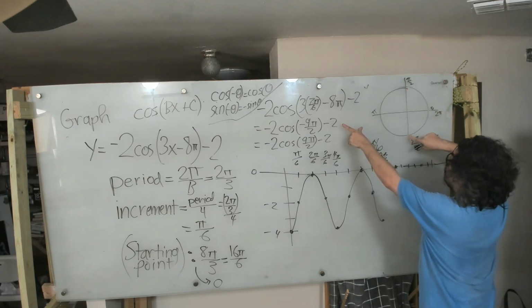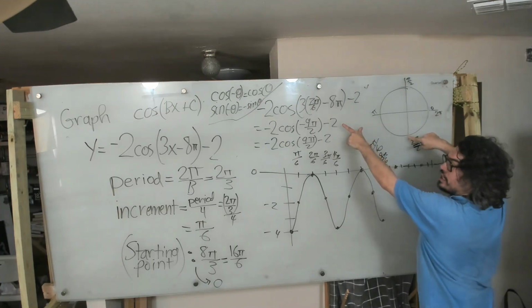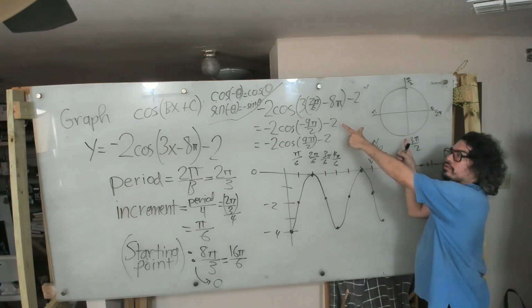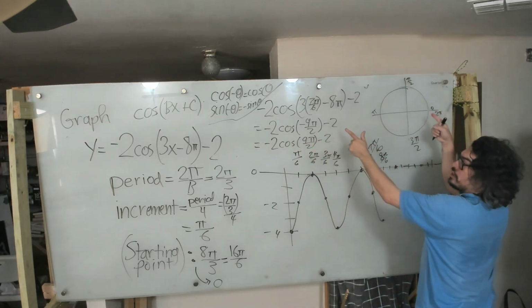So that's located here. The x value there is 0. And of course, the x value of the terminal side of an angle is the cosine of that angle.